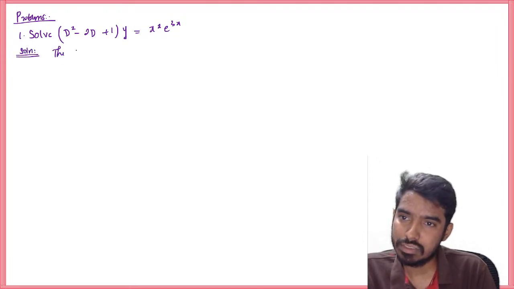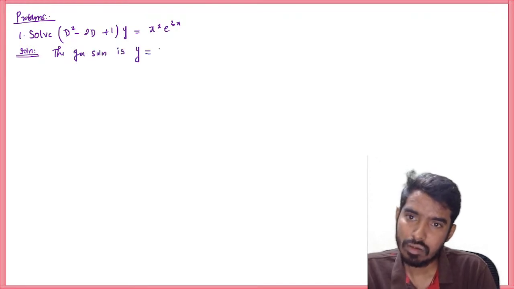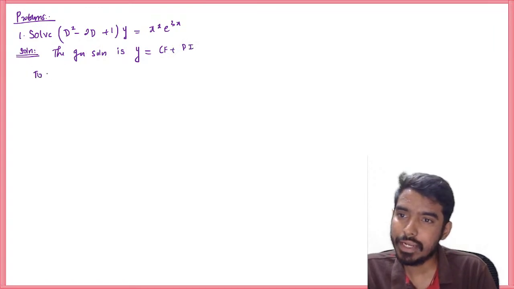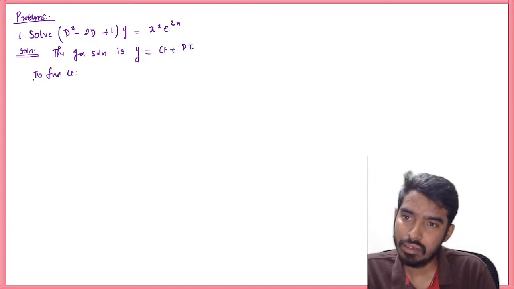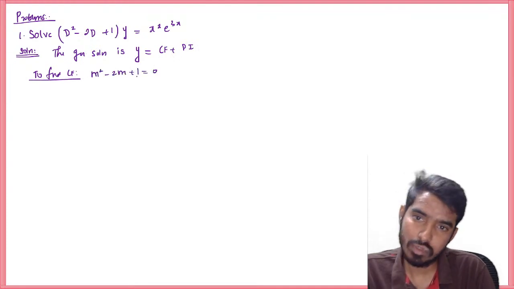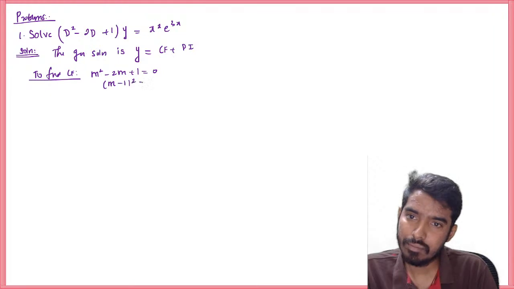So the general solution is given by y is equal to CF plus PI, right? To find the CF, it is very easy. The auxiliary equation is m square minus 2m plus 1 is equal to 0. So we have m minus 1 whole square is equal to 0. So we have 1, 1.